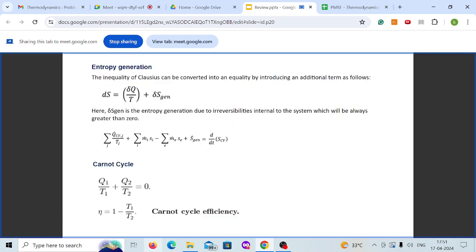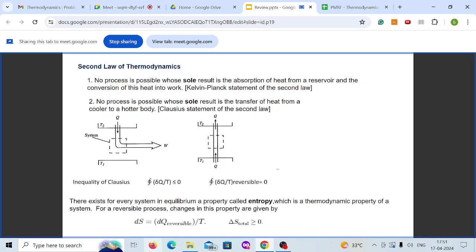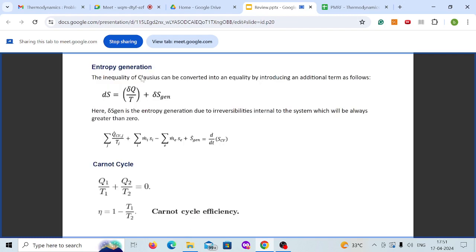Using the inequality, we know that for a reversible process, dS is defined as dq reversible by T. If you have an irreversible process, how will you write an entropy expression? For that, you can convert the inequality.